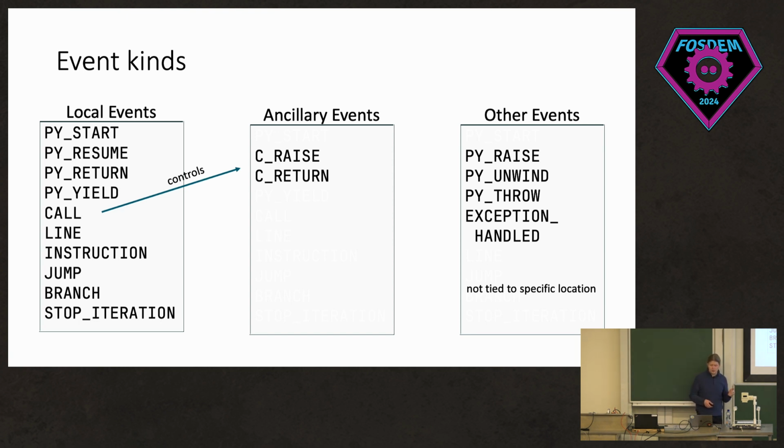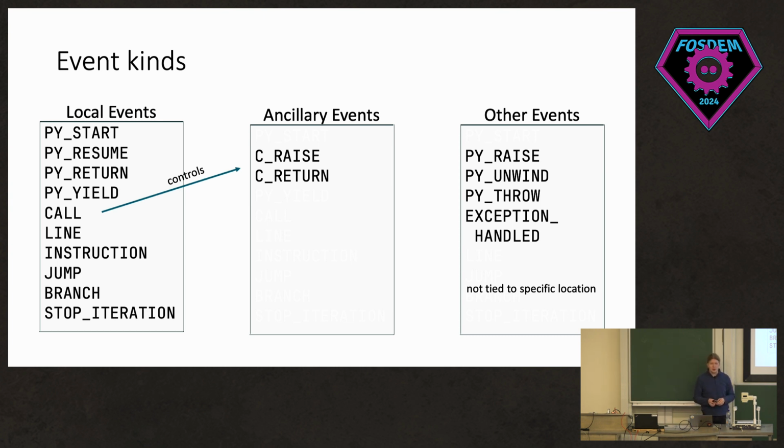One of them, we've seen already, the start events. There are the resume, return, and yield events for everything that you do in your Python application. And there are also ancillary events. These are events that you can't enable or disable, because they are controlled by other events.